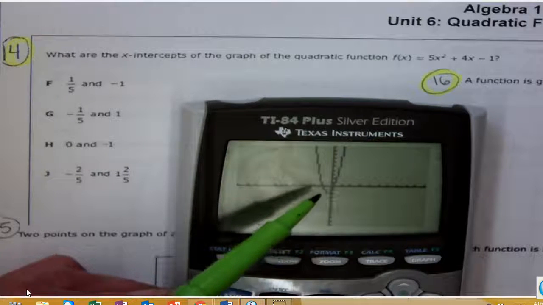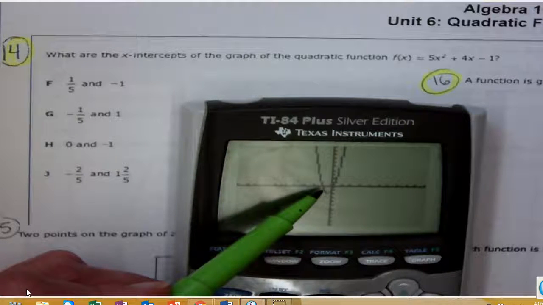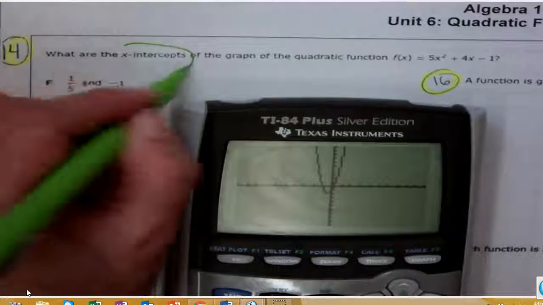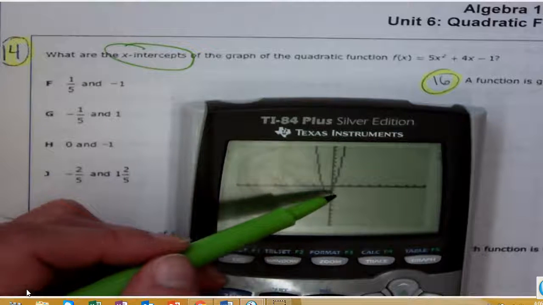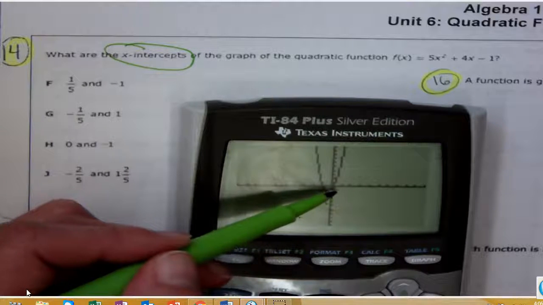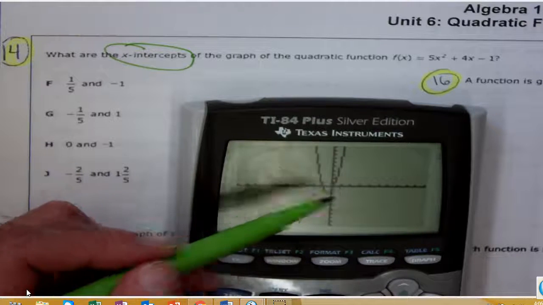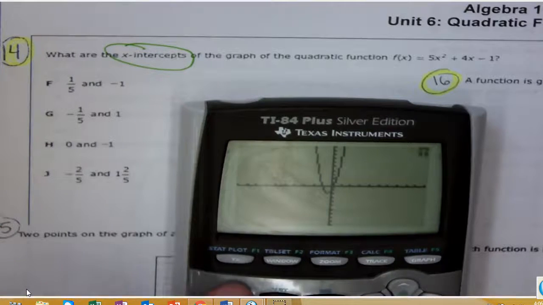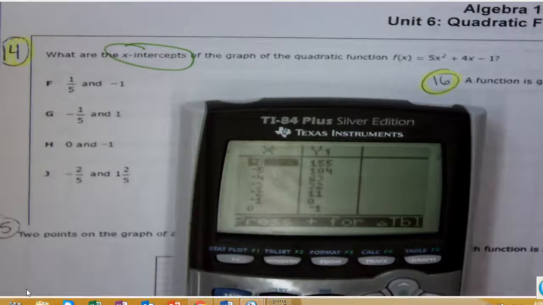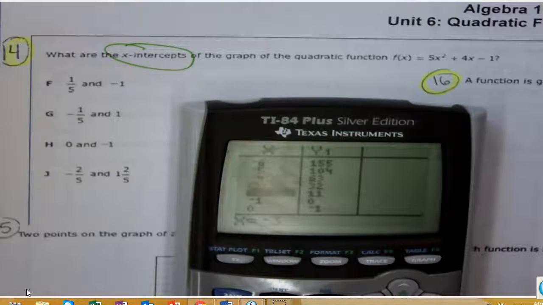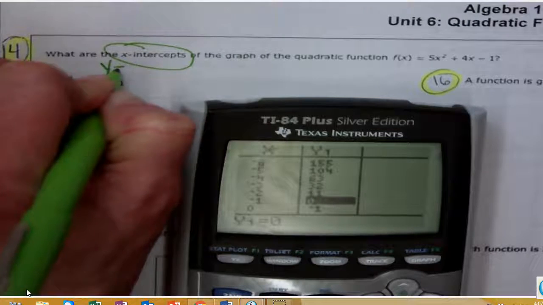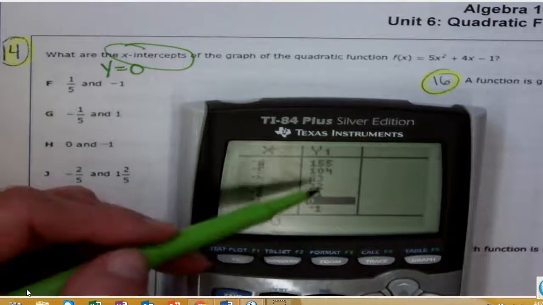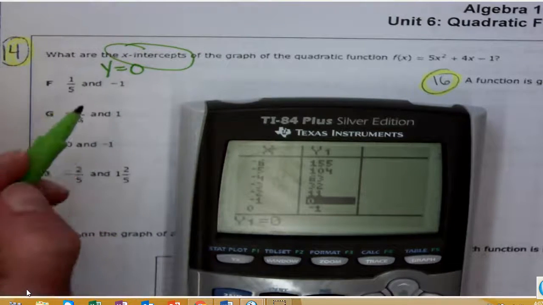And this is kind of a mess, but I do see that one of my x-intercepts is right around -1, and the other one, I can't really tell if it's at 0 or what. So I'm going to go to my table, and I'm going to look and say, okay, yeah, -1 is one of my zeros because this is when y equals 0. Y equals 0 here, -1.